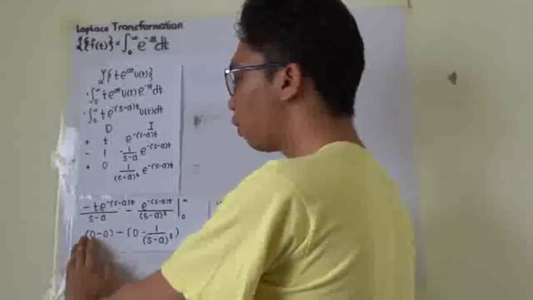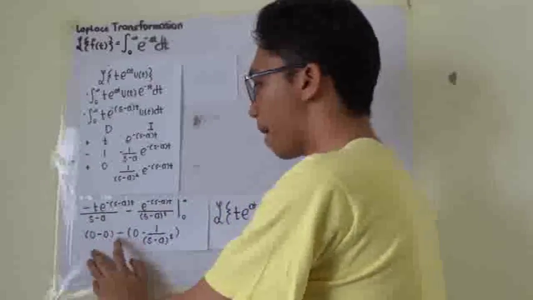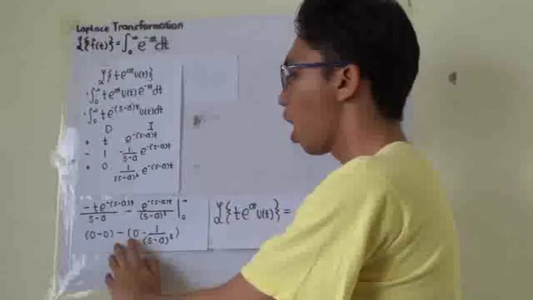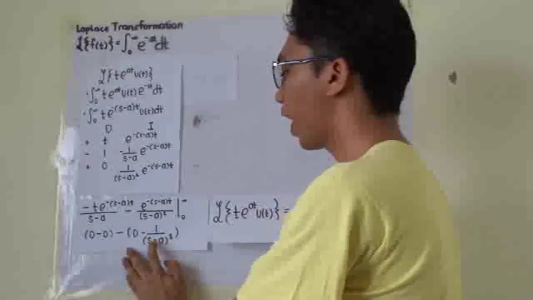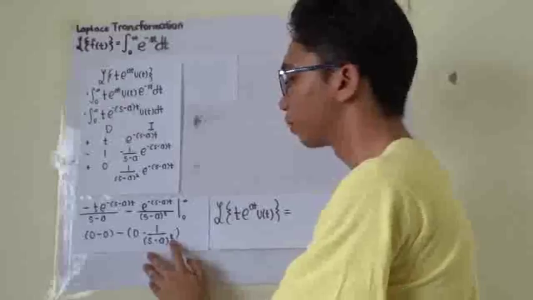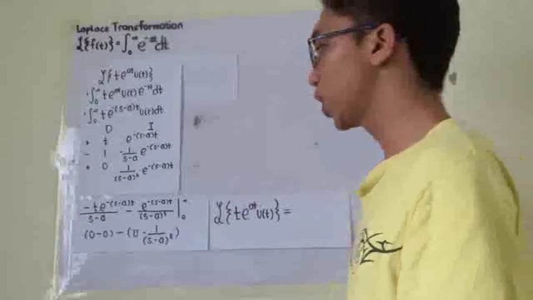So we have 0 minus 0 minus quantity 0 minus 1 over s minus a squared in our evaluation.